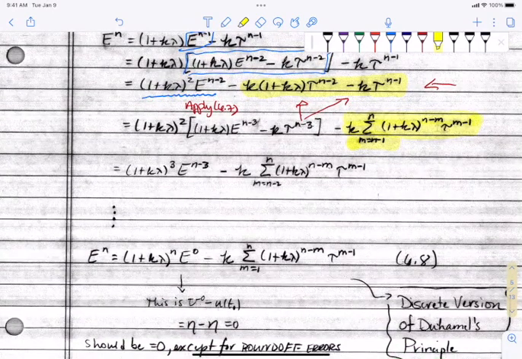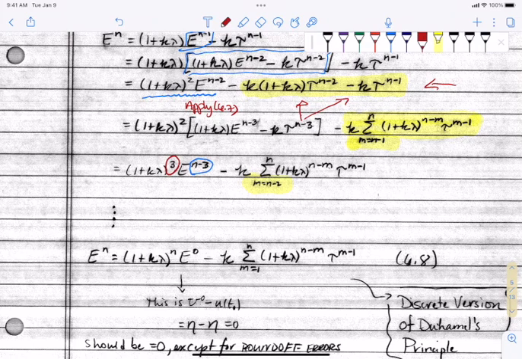You notice that each time I'm increasing the number of steps I have here, well, my global error at a given time step is decreasing. And at the same time, the power on my 1 plus k lambda is increasing.